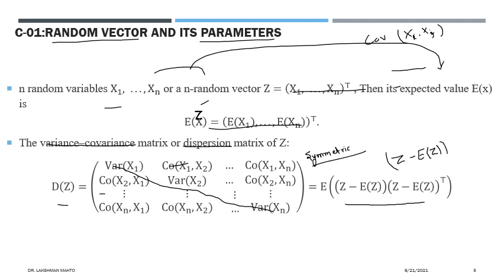We are taking the outer product of this vector, and the outer product of a vector is a matrix, so it defines an n by n matrix.